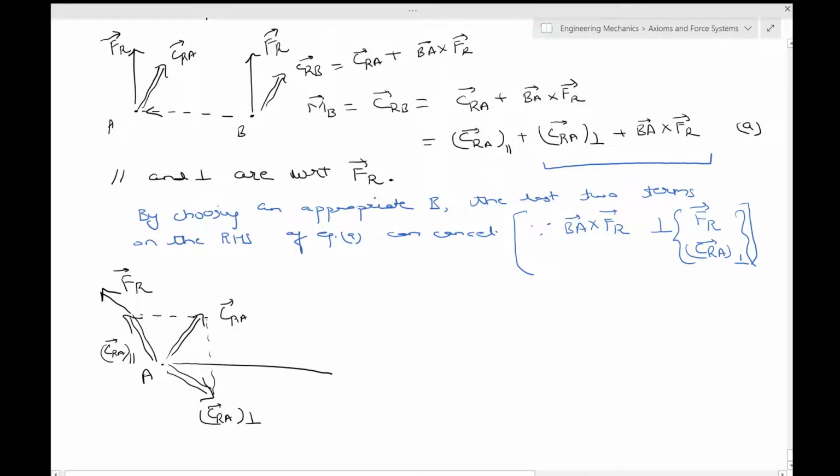Now if the point B which we have just discussed is a point D, such that this blue term gets cancelled, then we will only be having FR, which will be equal to CRA parallel. Only this particular term will be remaining. Let's call this distance D. This angle is perpendicular.